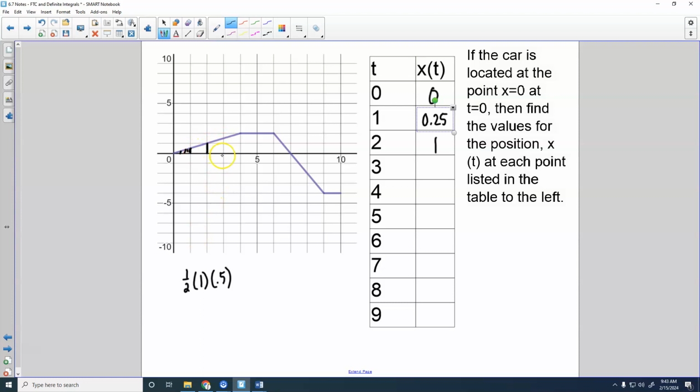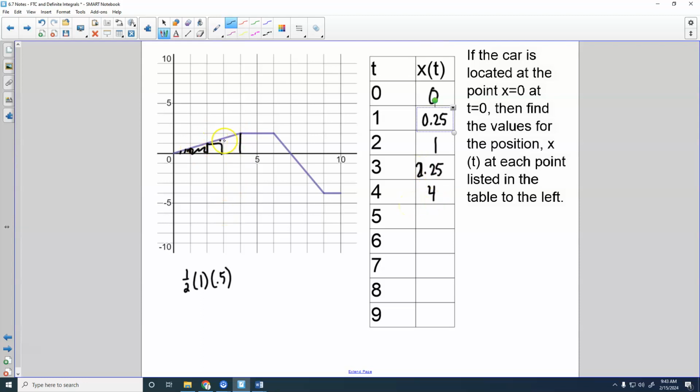At 3, that's going to be 2.25, right? Because this was 1, this will be 1, and that little sliver right there is 0.25. So 2.25.